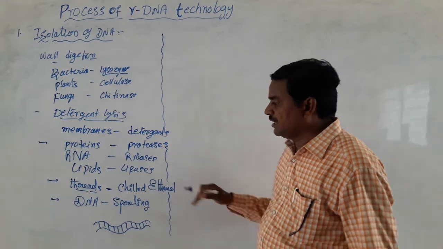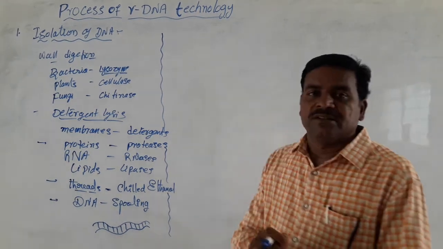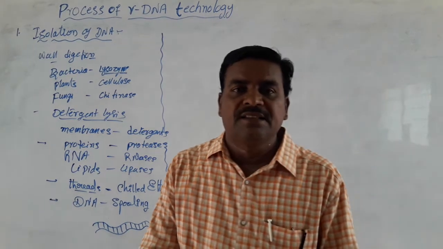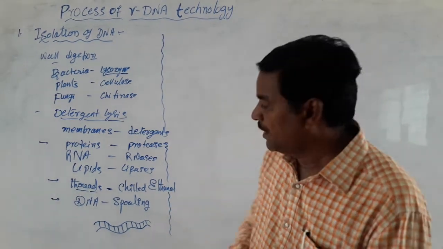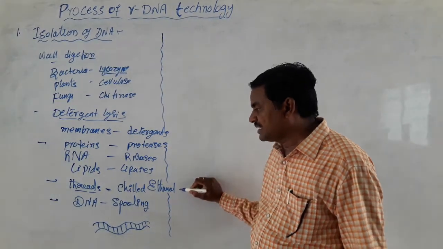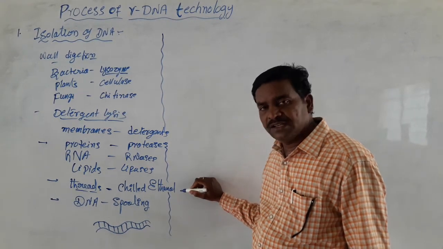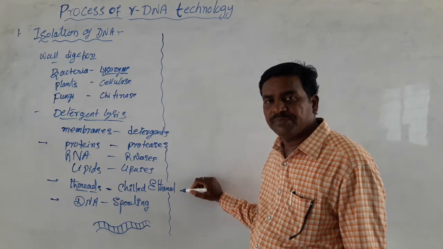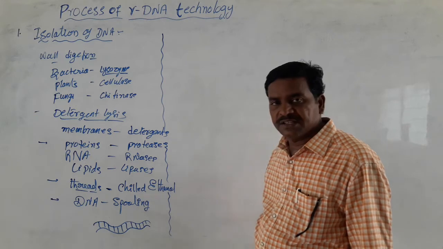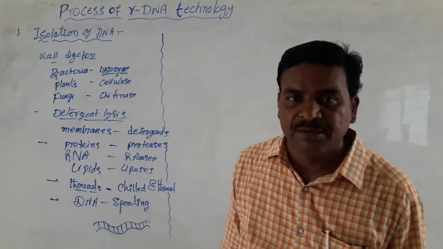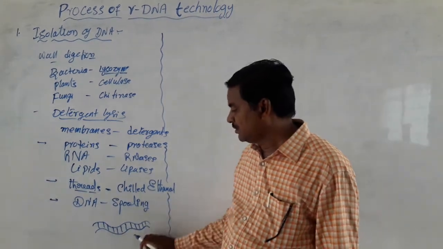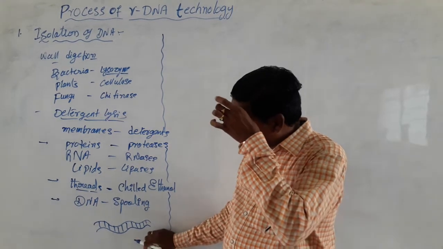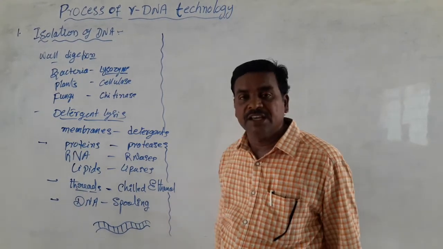Then DNA can be visualized as linear threads in the suspension, and they are separated by the addition of chilled ethanol. Then DNA is finally precipitated out by the method of spooling. Now we can get the double-strand linear DNA molecule.